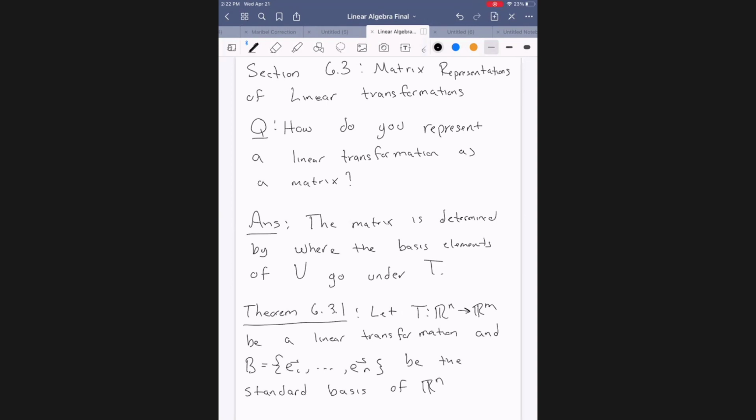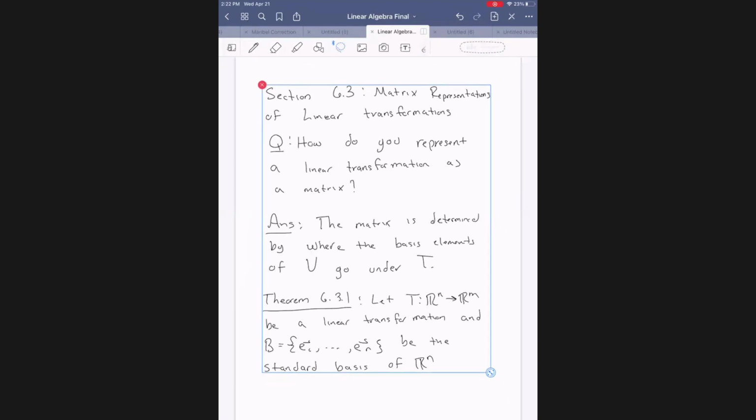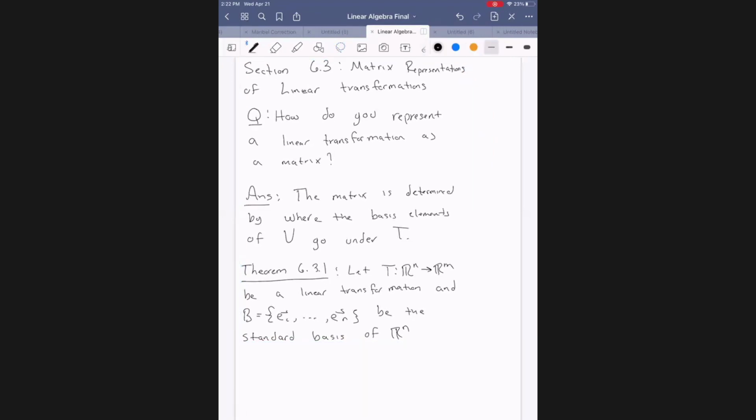Okay. Then the matrix representation of T is A. Well, like I said, you construct it like this. You take T of E1 and put that in the first column, and then you continue this pattern until you put T of En in the last column.